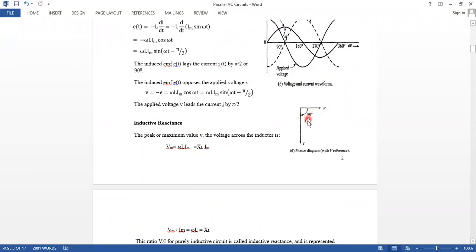The J operator here we take as 90 degrees. Since the voltage is leading and the current is lagging, we take it in terms of voltage as plus J.